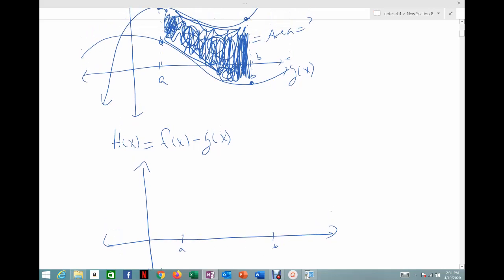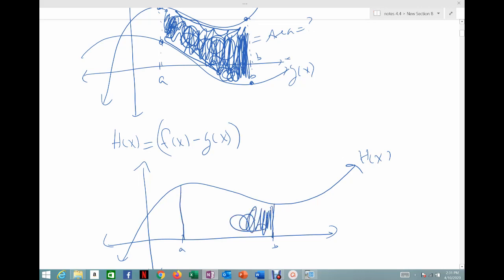And again, I'm just randomly drawing a new function. So there would be my h of x, which represents f of x minus g of x. Now this area has a different shape, but I can now find it because it's bounded by the x-axis and a function, using the fundamental theorem of calculus.